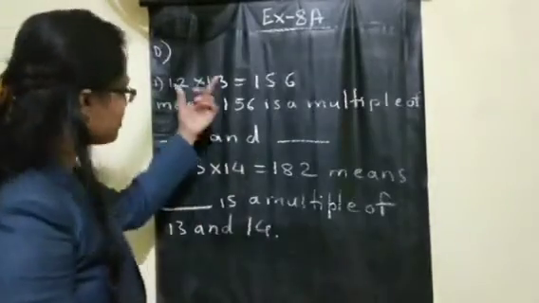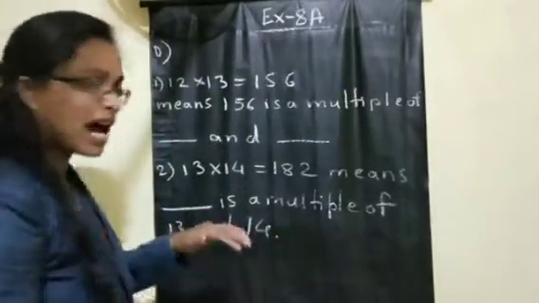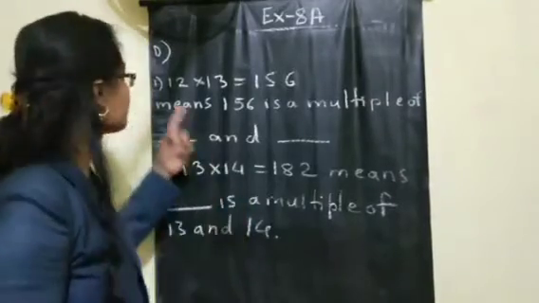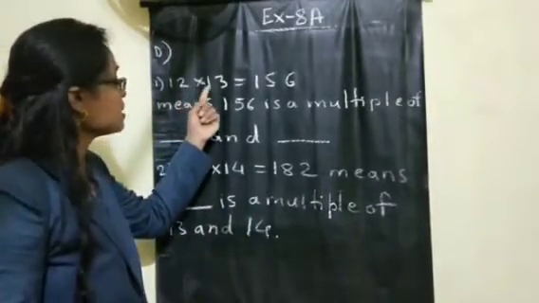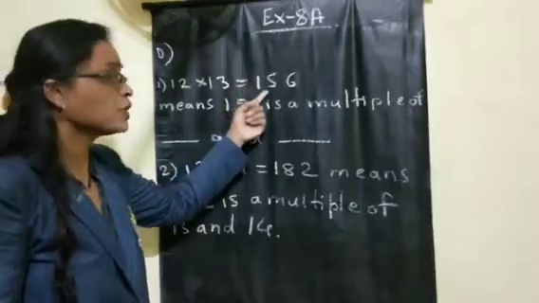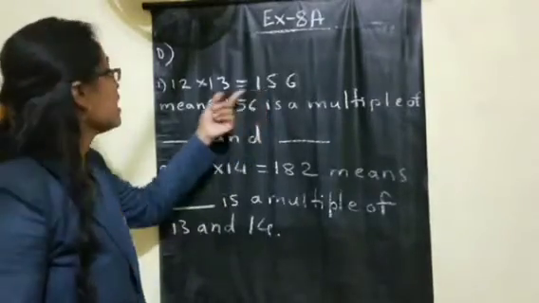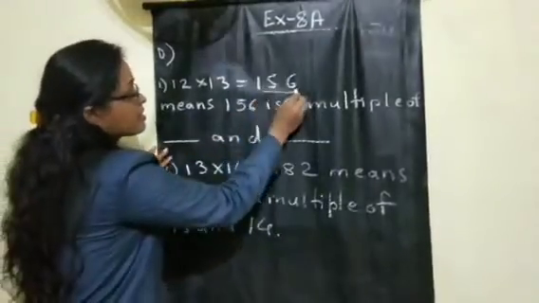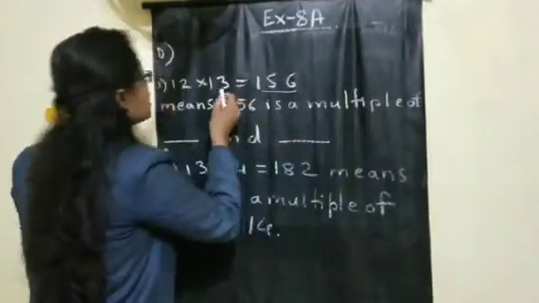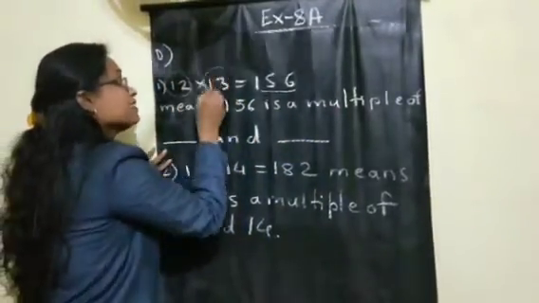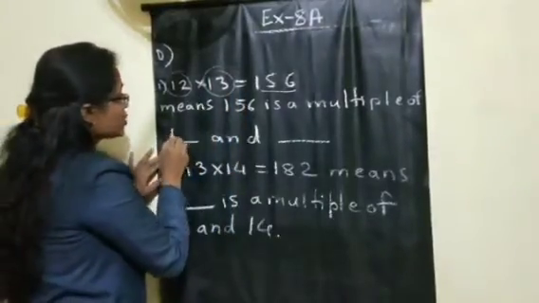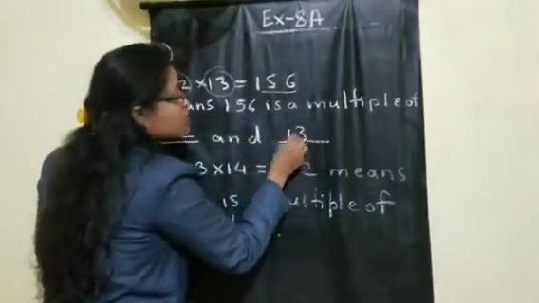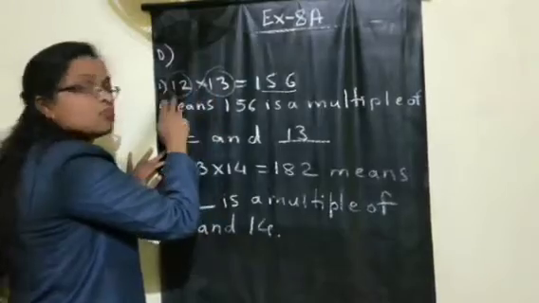In part D, they have given fill in the blanks. You have to understand the question and get the answer. First one, 12 multiplied by 13 is equal to 156. Which means 156 is a multiple of 12 and 13. So what do we have to write here? 12 and 13, because a product is always a multiple of both of these.